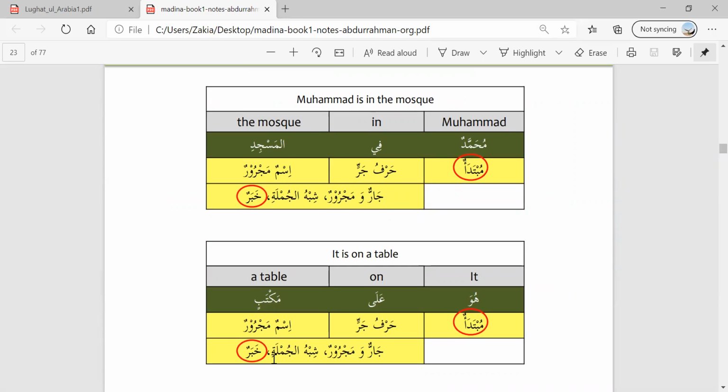Okay, Muhammad is in the mosque. Muhammadun, it has a double vowel, double dhamma. So as we said, that is a mubtada, which means a subject. So subject followed by khabar, okay? But here, the khabar is what? It's at the end. We say Muhammadun fil masjidi.